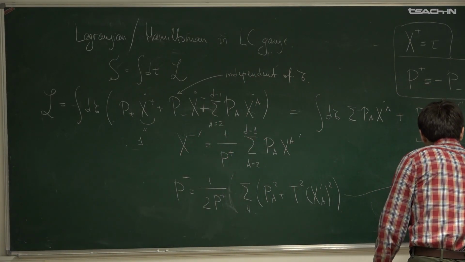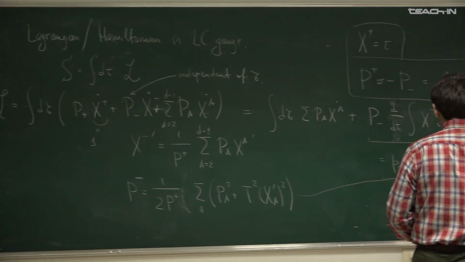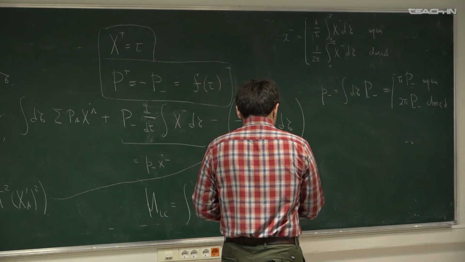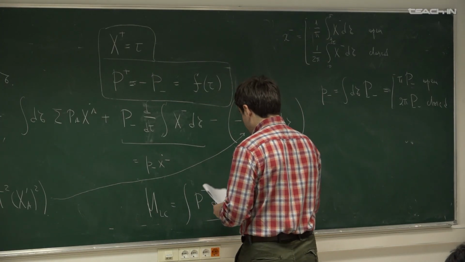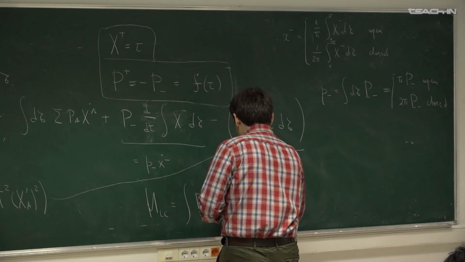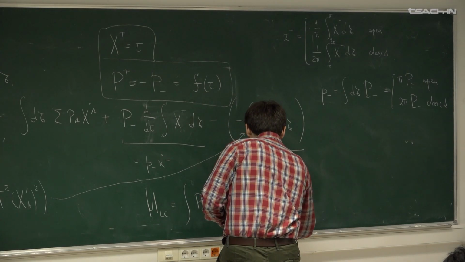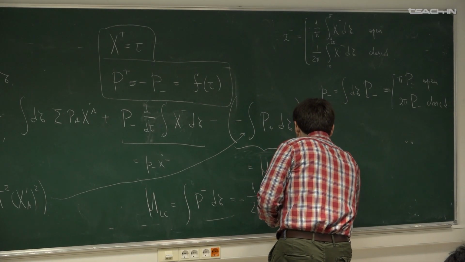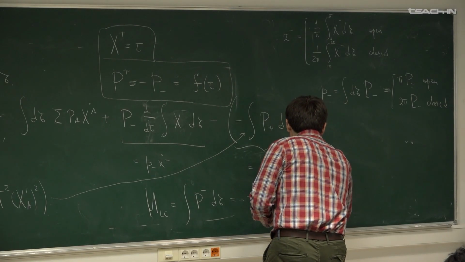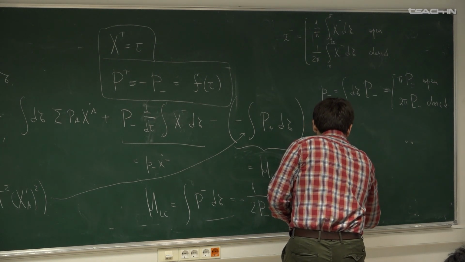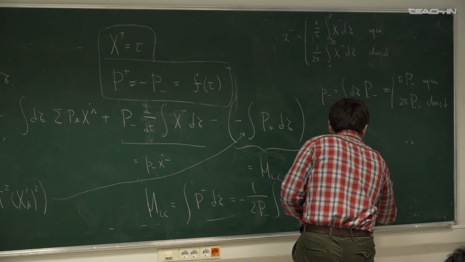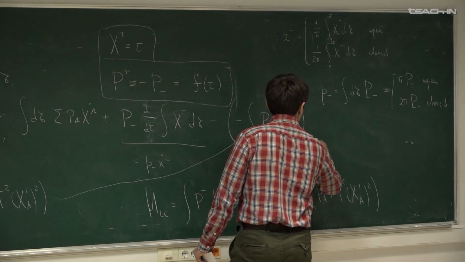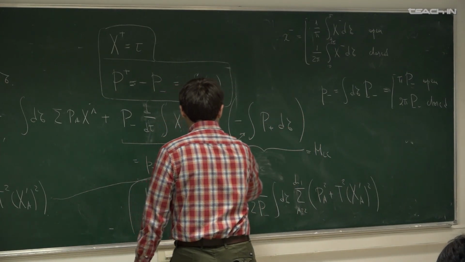So one finds that the light cone Hamiltonian is the integral of p minus d sigma, and this is minus 1 over 2 p minus times the integral over d sigma of p a squared plus T squared x a prime squared. This was the upshot of this calculation.